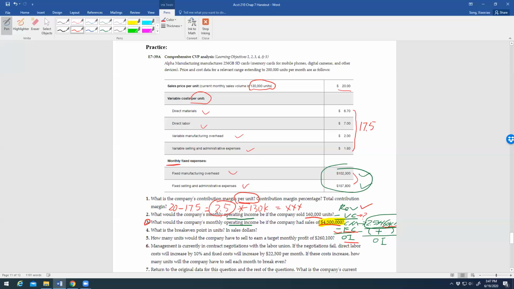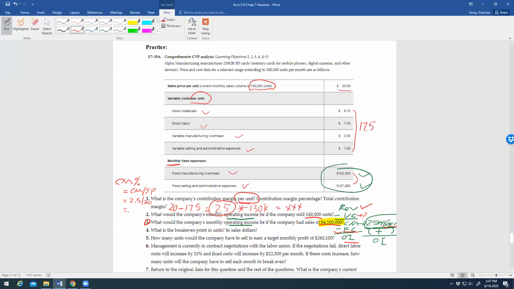I have the solution with me from the publisher. I will share this with you, but the textbook, the way they did it is that they use the contribution margin ratio. So let's also put that one there. The contribution margin ratio percentage is your contribution margin divided by your total revenue. If you use contribution margin for each, you divide it by your selling price. So the contribution margin is 2.5, and selling price is 20.